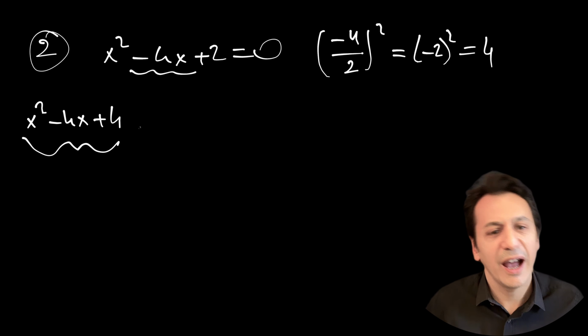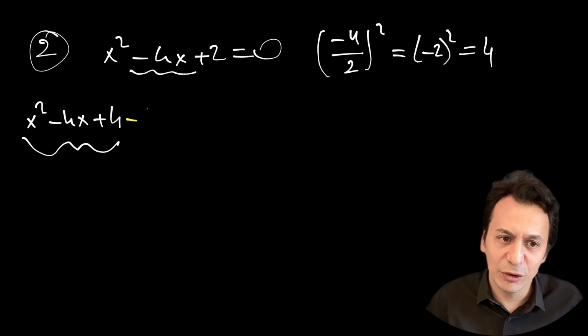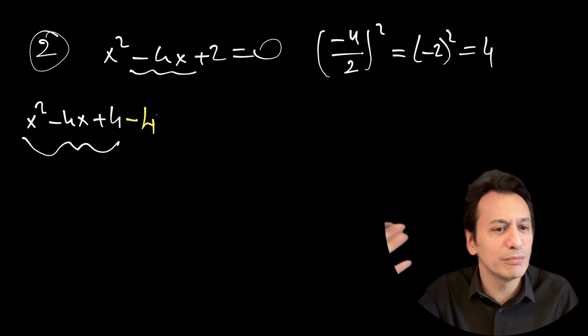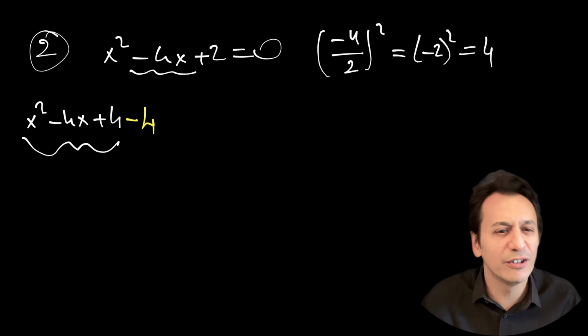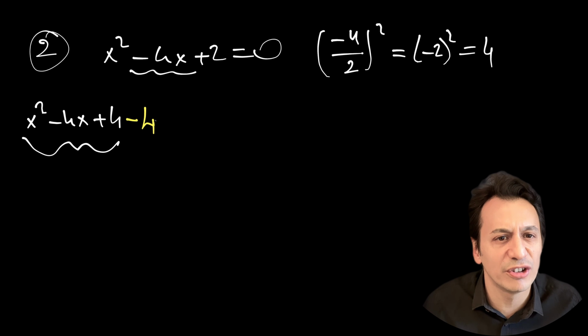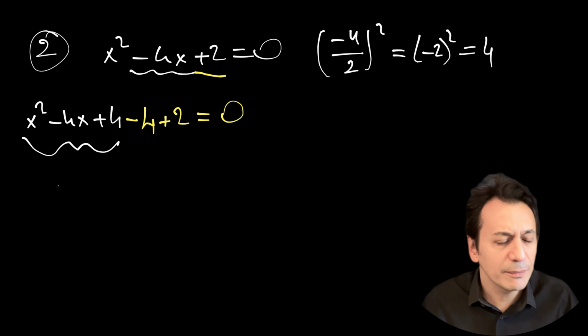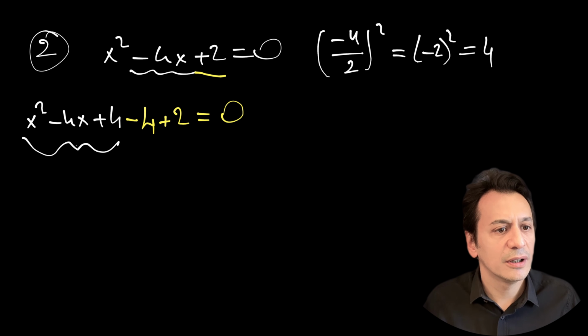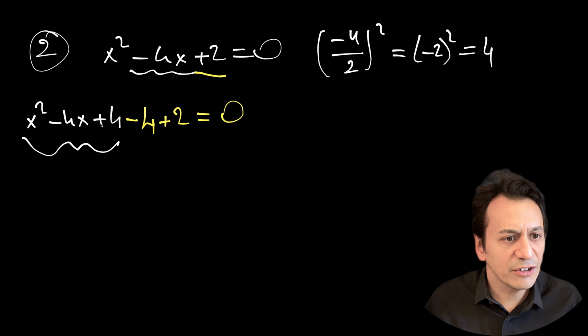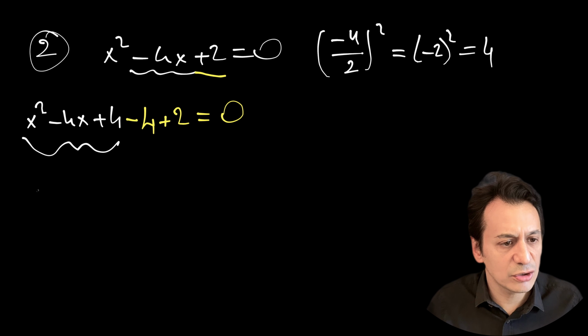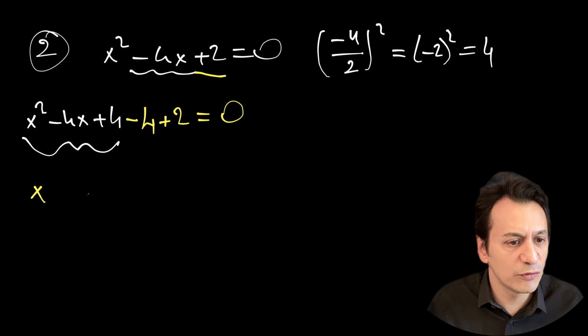But if I add 4, I need to put minus 4 in order to make it 0, right? I cannot change the equation. And there is this minus plus 2 coming from here equals 0. Now, let's check out this one. Square root of x squared is x and square root of 4 is 2.